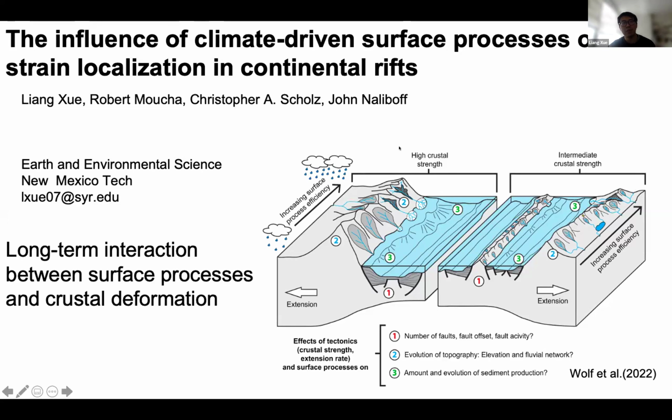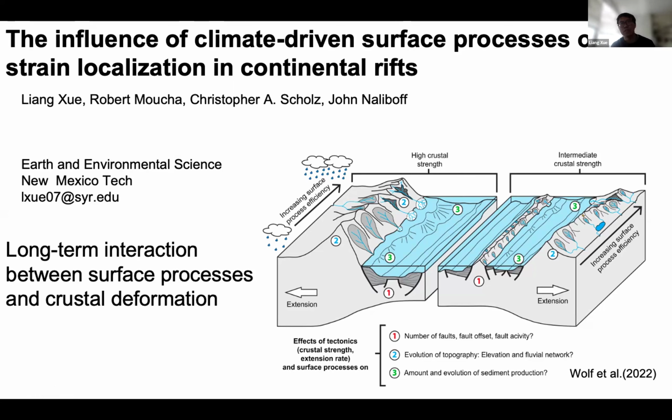As summarized by Wolf et al. in 2022 here, you can see the rift flanks would experience erosion and sometimes orographic effects. And the basin would have the sediments and the rift lakes. You may find the thickest sediments and also the deepest lake on the continent in rift settings.